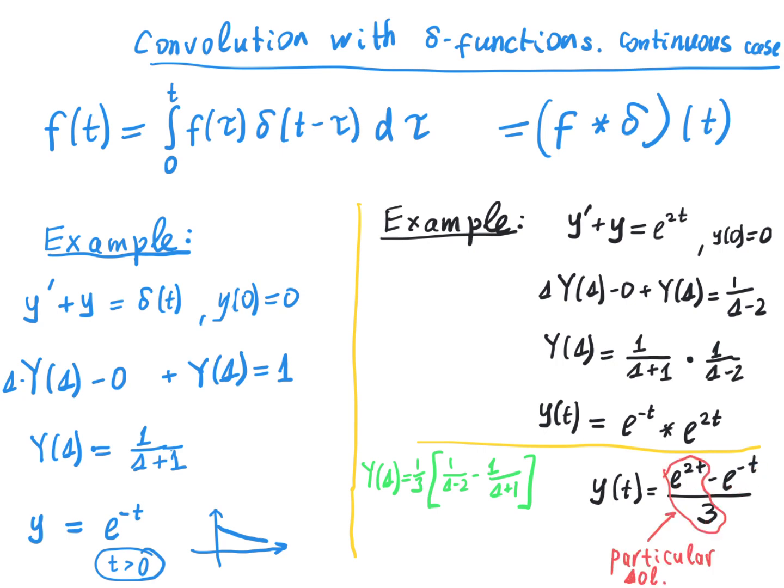Note that e to 2t over 3 is a particular solution, and e to minus t would be the solution of the homogeneous differential equation. If we replaced the right side by 0, the solution of such homogeneous equation would be e to minus t times some constant. In our case, also 1/3.